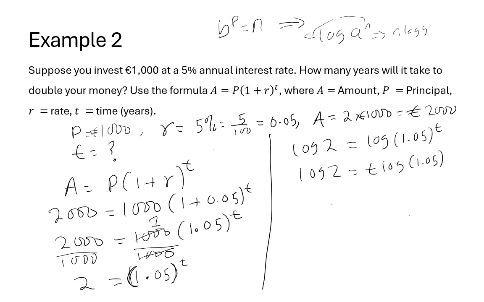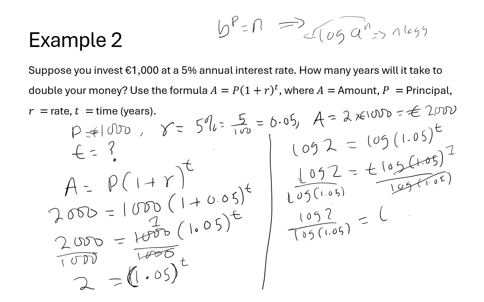And we divide both sides by log 1.05 so that we can find t. This cancels on the right, so we'll have t times 1, which is t. So we have log 2 over log 1.05 is equal to t.